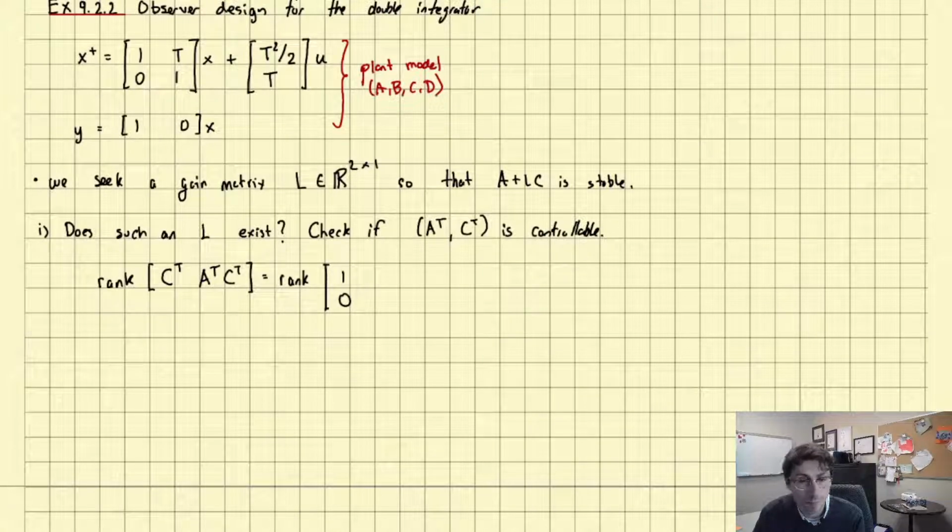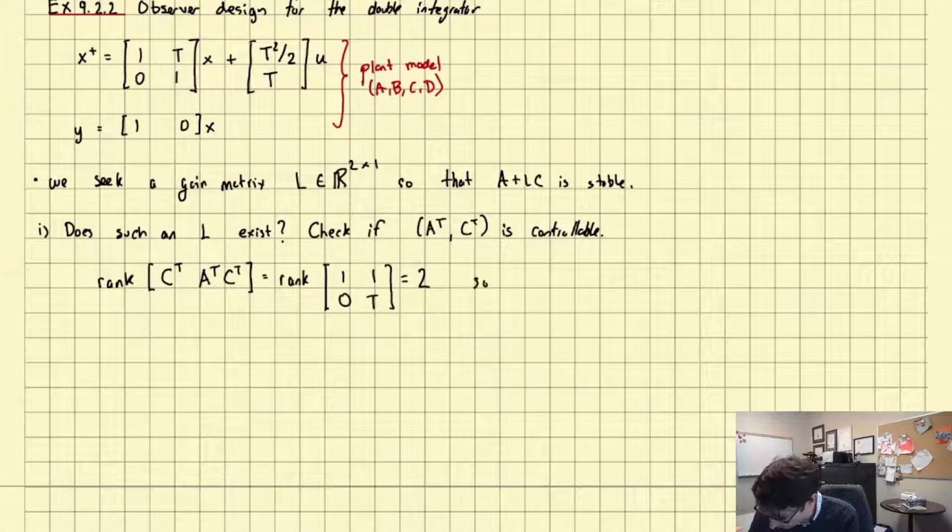And so when we multiply that matrix times C transpose, we will get 1, t, the first column. You can see that these columns are linearly independent. Also, you can see that the determinant of this matrix is equal to t, the sampling period, so it's not 0. And so this rank is equal to 2.